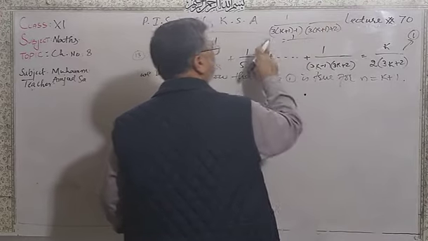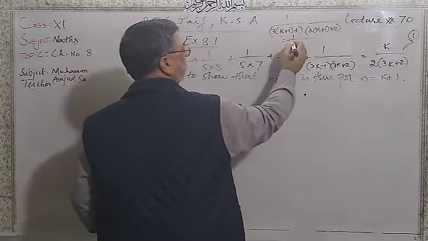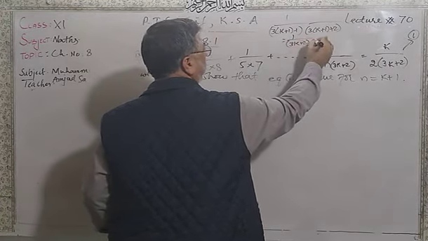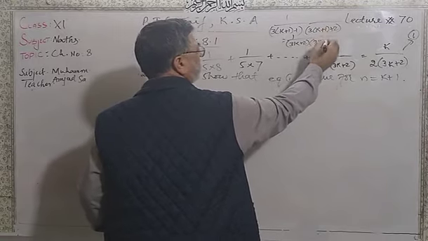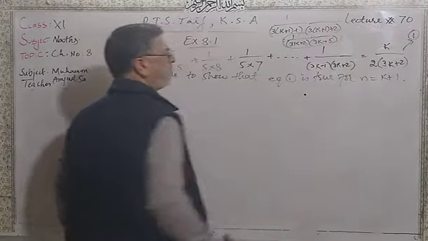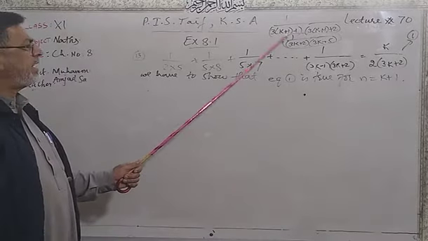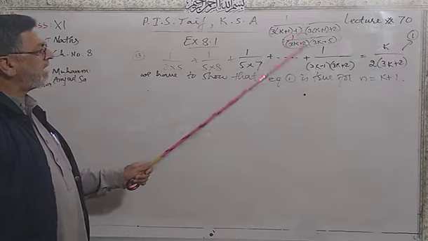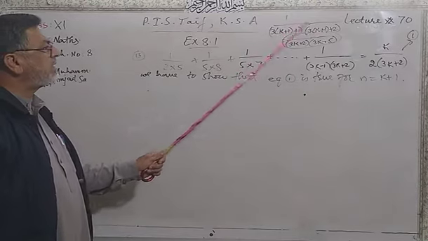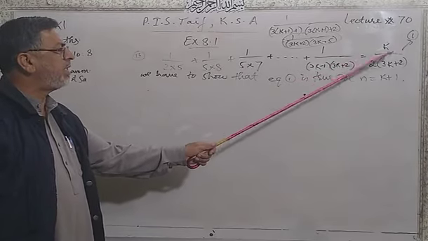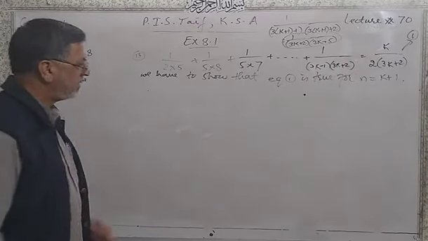Here 3k plus 3 minus 1 is 3k plus 2, and 3k plus 3 plus 2 is 3k plus 5. So dear students, this is the term which must be added on both sides. The left hand side automatically has the k plus 1 term. On the right hand side we will bring k plus 1 in place of k.